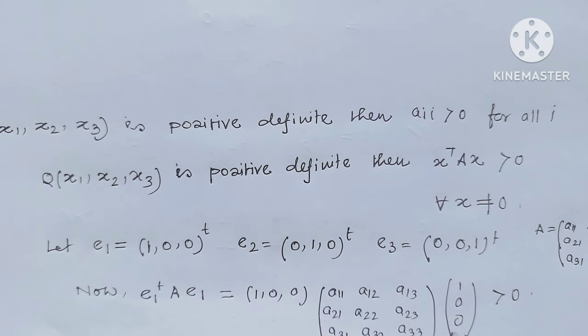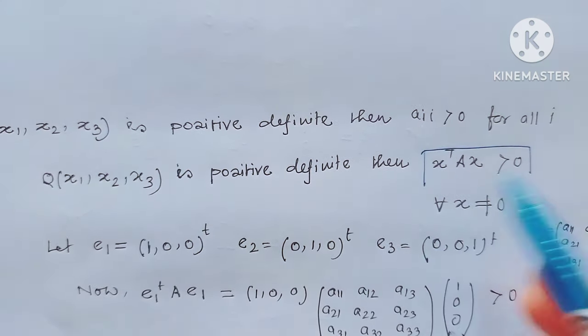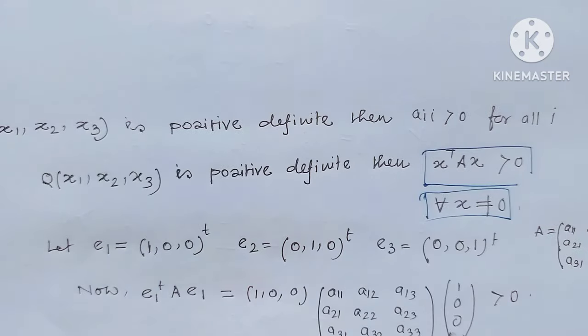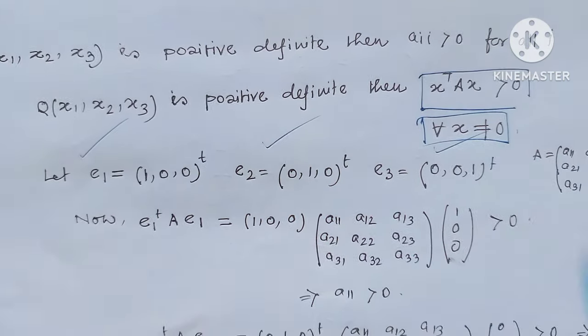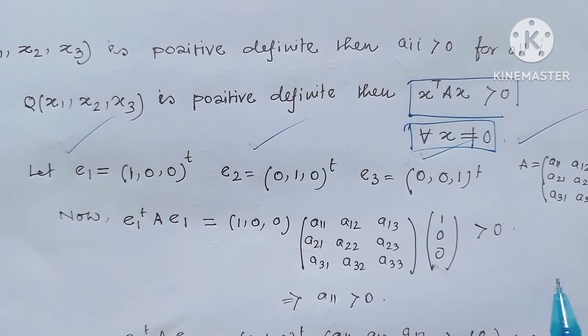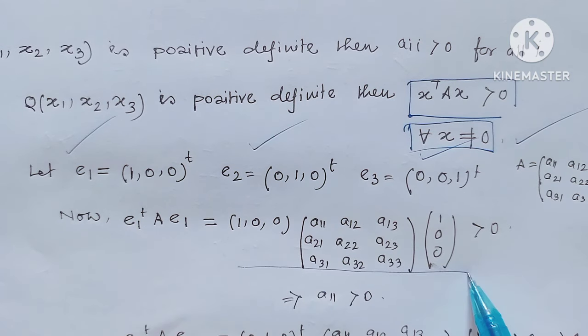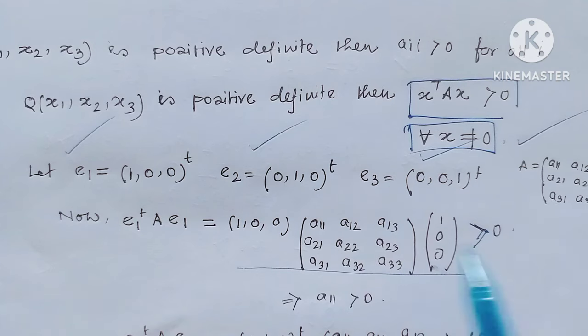Because Q(x1, x2, x3) positive definite means x transpose A x is strictly greater than 0 for all non-zero x. Consider the arbitrary vectors e1, e2 and e3 and an arbitrary matrix A. Then e1 transpose A e1 is this, and since this is positive definite, this value is always strictly greater than 0.